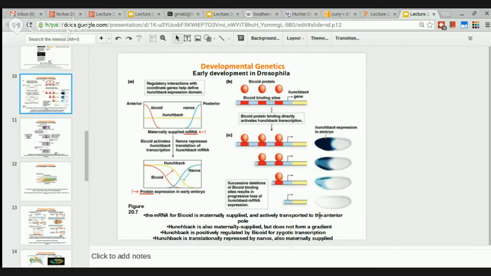And this is actually one element of the French flag model, because the Hunchback promoter responds in a great way to small differences in concentration of bicoid. And so, in fact, there's a threshold issue for bicoid to activate Hunchback transcription. There's a point at which transcription is high, and then a little bit farther towards the posterior pole in the embryo, the transcription is very low.